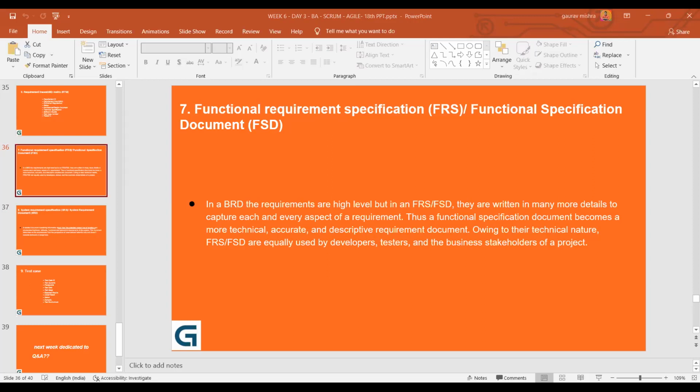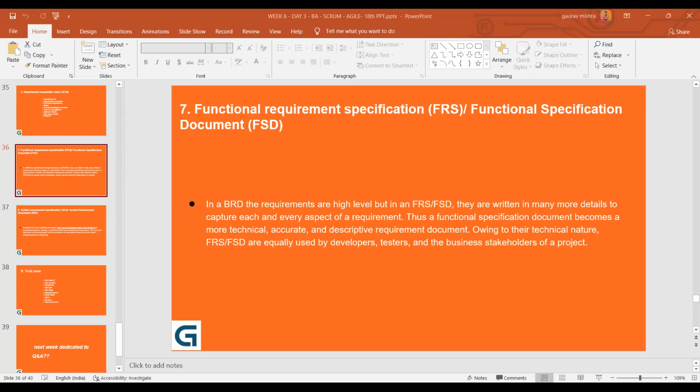Here, we are trying to learn different kinds of documentation, which is quite essential and very helpful for the overall process of project delivery, or to build understanding between the development team and the customers.